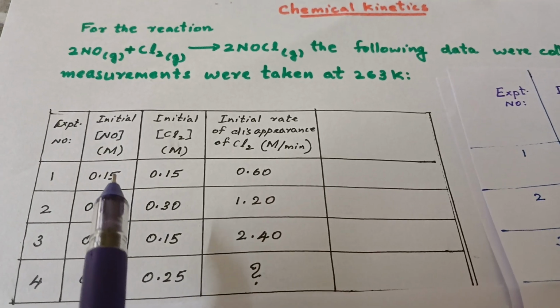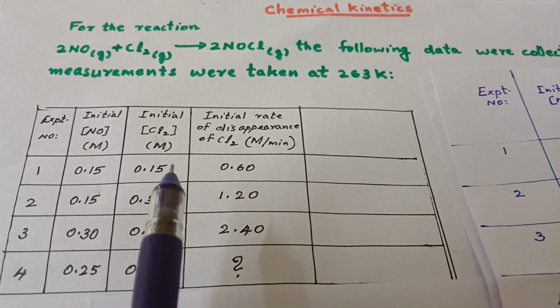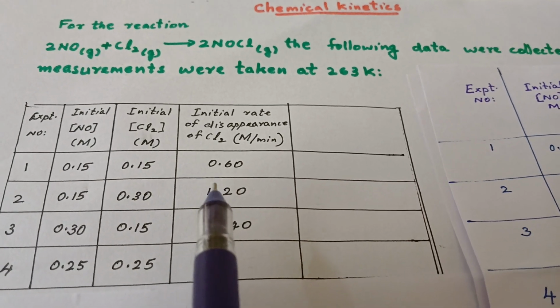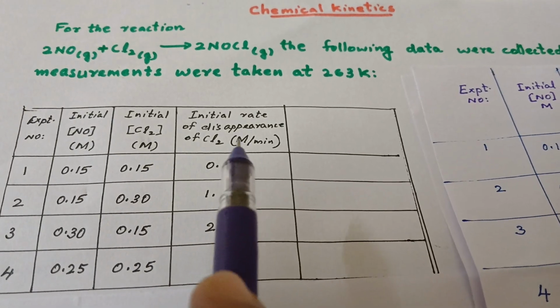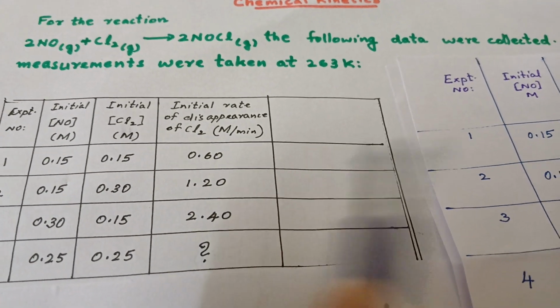That is the initial concentration of NO, initial concentration of Cl2 and initial rate of disappearance of Cl2. Concentrations are given in molars and initial rate of disappearance in molar per minute.